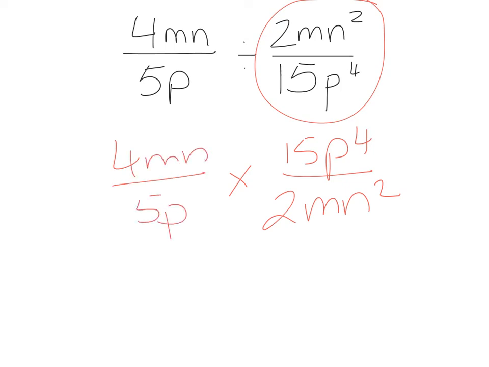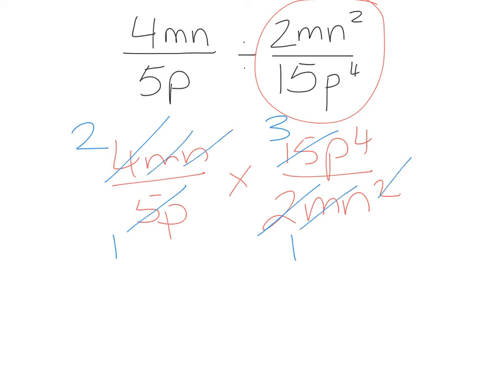Okay, and I'm going to simplify. 5 will go into 5 once and into 15 3 times. 4 and 2 can be divided by 2 once and twice. This m will cancel with this m. This n will cancel the n squared. And this p will cancel the p to the power 4 and drop it down to 3.